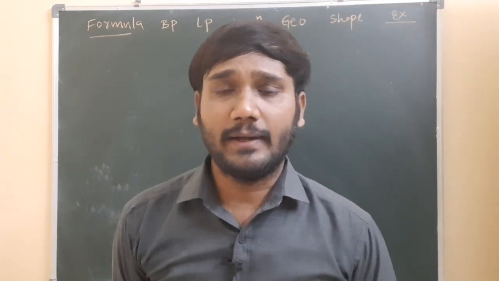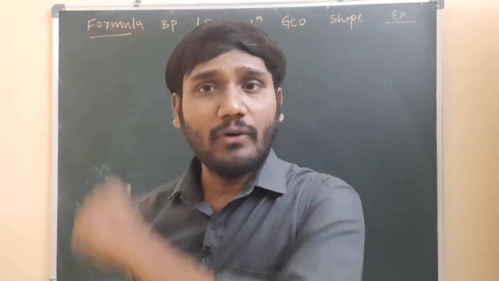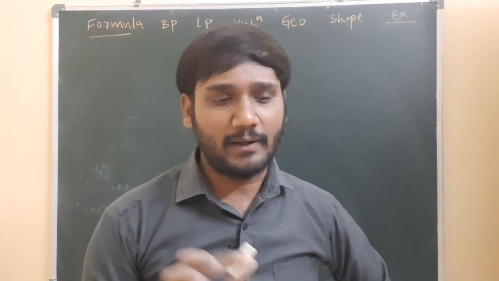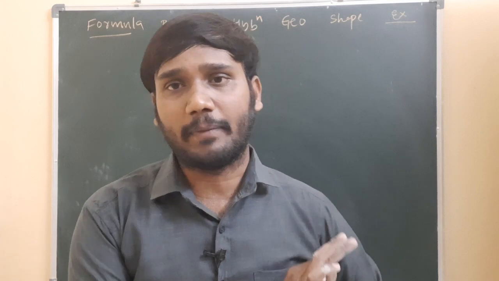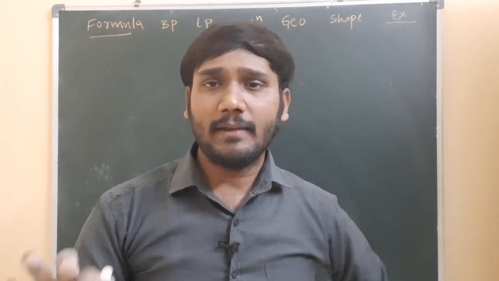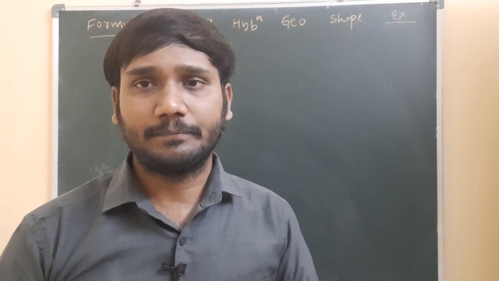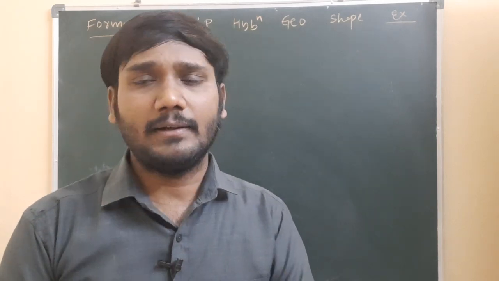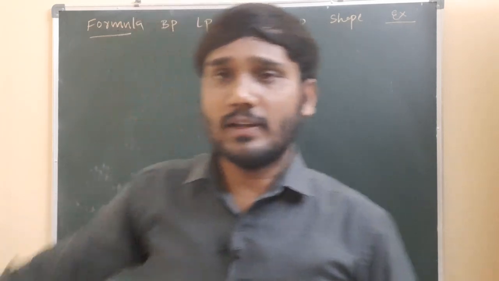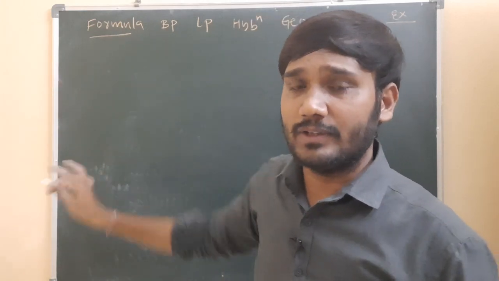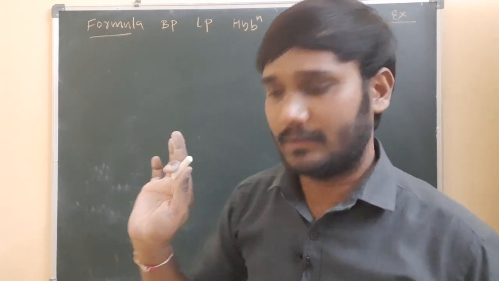I am going to explain the different formulas. First I am going to explain the formulas which do not have lone pairs, because we know that when lone pairs are not present, the geometry and shape of the molecule are equal. Clear? When a lone pair is present, geometry and shape are different. So first I am going to explain the formulas which do not have lone pairs, right?